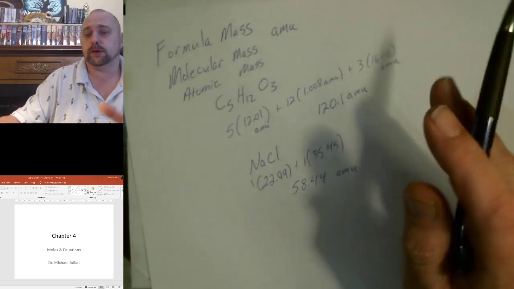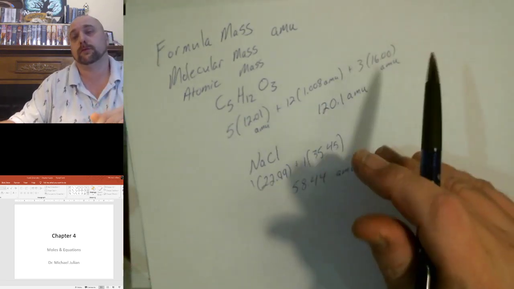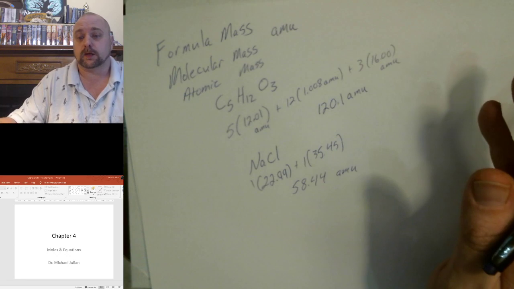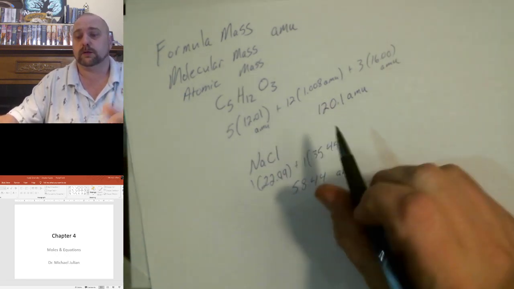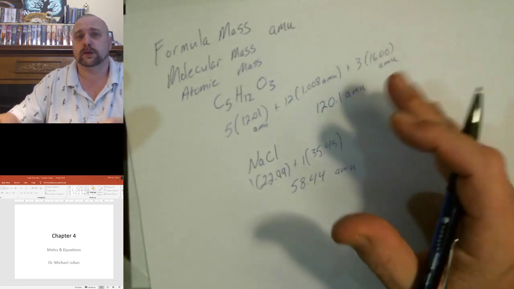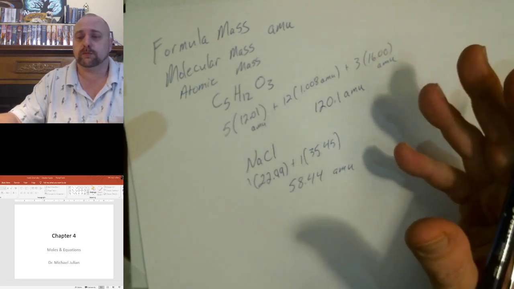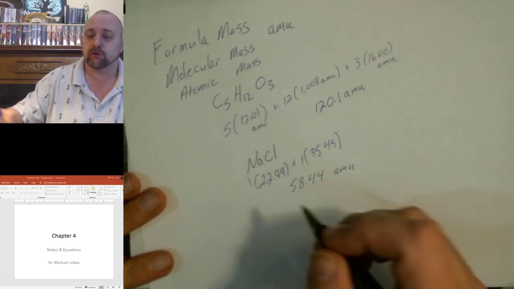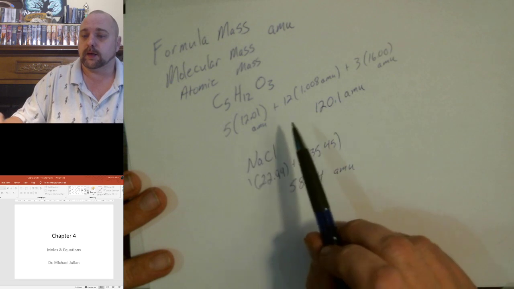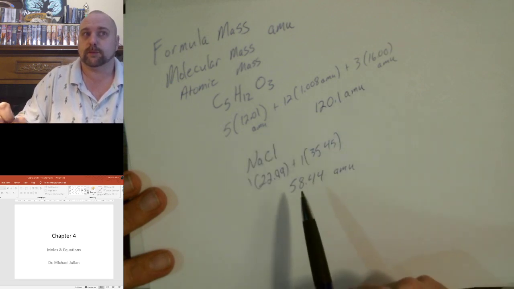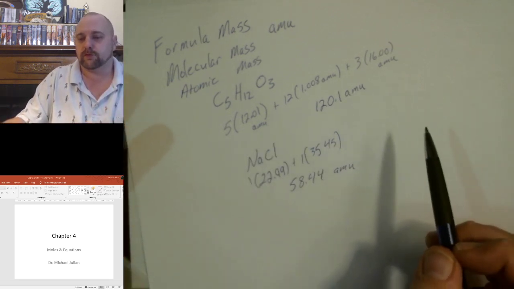Now the problem with formula mass and molecular mass is the scale. 1 molecule is too small to really do anything with. In the lab, we usually use mass in grams. So I want to take these formula masses and transfer them over to grams.